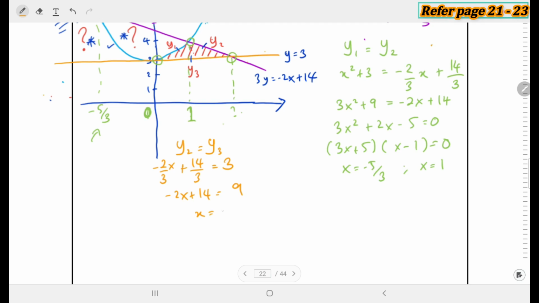So x equals 5 over 2, which is 2.5. So here is 5 over 2.